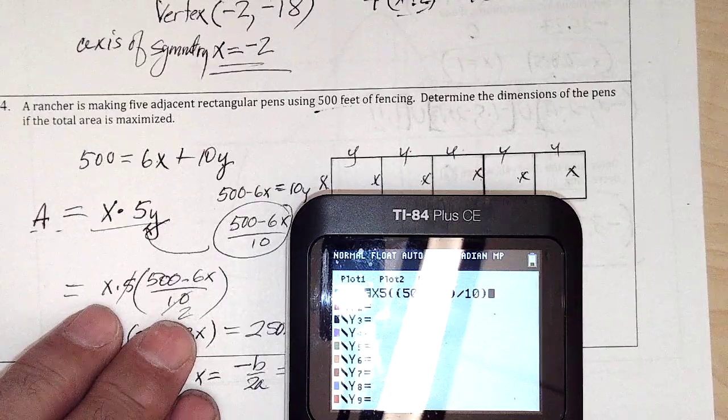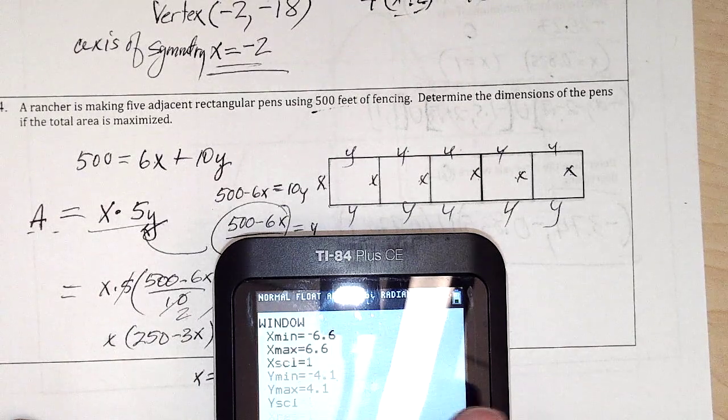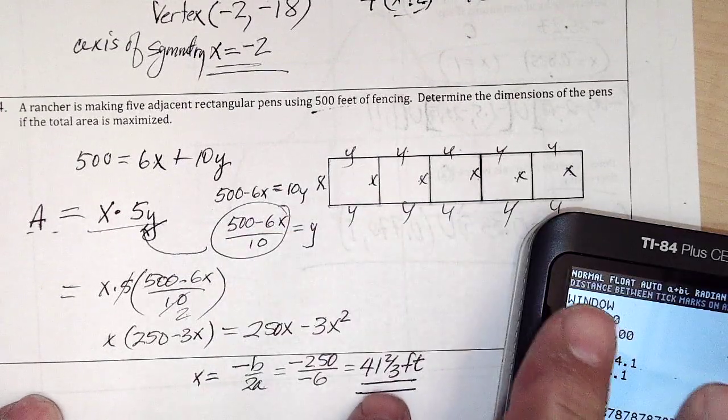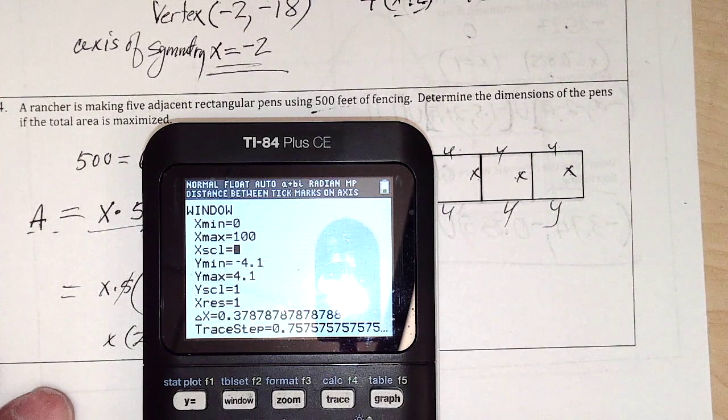And if I graph that, it went up and it goes off my screen. So I'm going to go, the x has to be something between 0 and maybe 100. The x value, we know it's 41.3423, but I'm going to go 0 and 100.